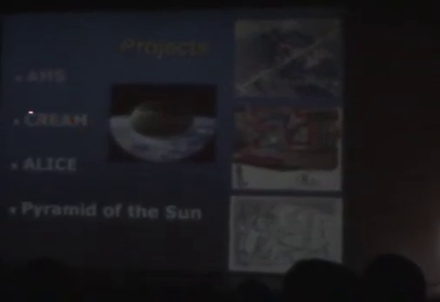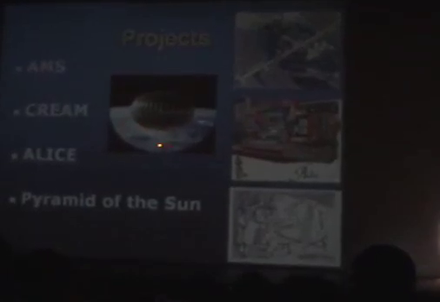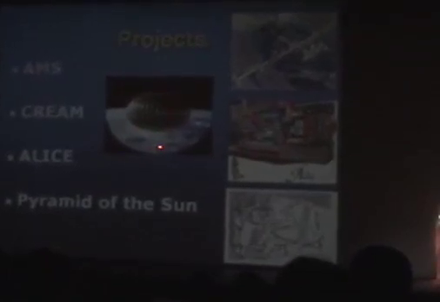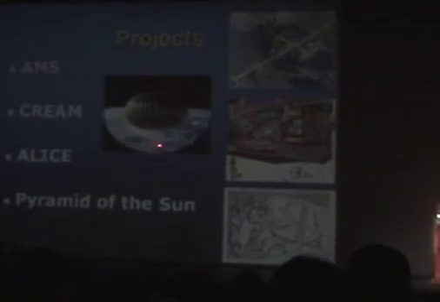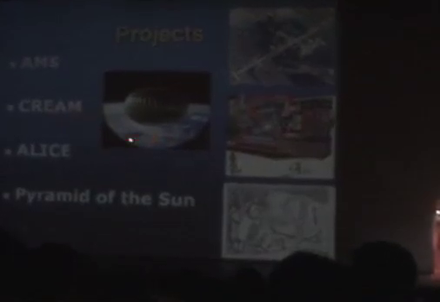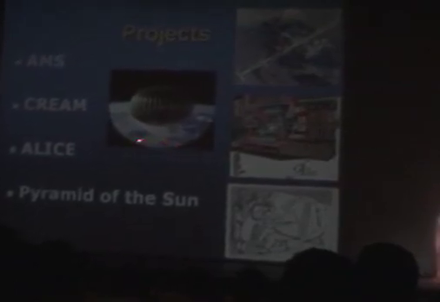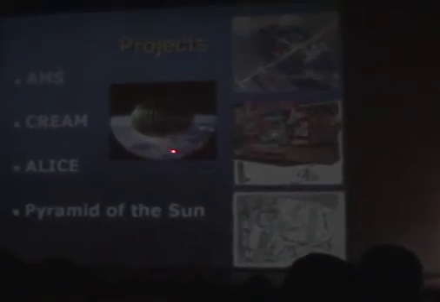This is another international collaboration in which we fly a balloon at the South Pole, and from this balloon hangs a detector that we also contributed to construct. The purpose of CREAM is to try to see if there are different laws for the different elements.